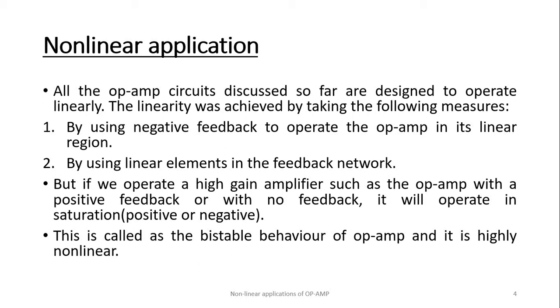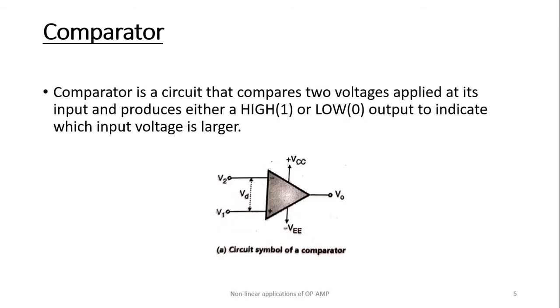One more group of non-linear circuits consists of circuits like the logarithmic amplifier and analog multipliers, etc. The non-linear circuits discussed in this chapter are comparator, Schmitt trigger, precision rectifier and peak detector. Now we discuss our first non-linear circuit, which is the comparator.